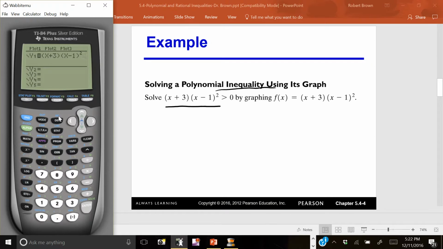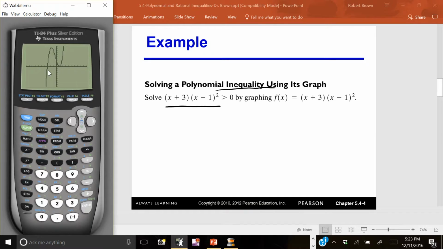And let's graph this, zoom to the standard window, and we want to find out exactly where this graph is more than 0.